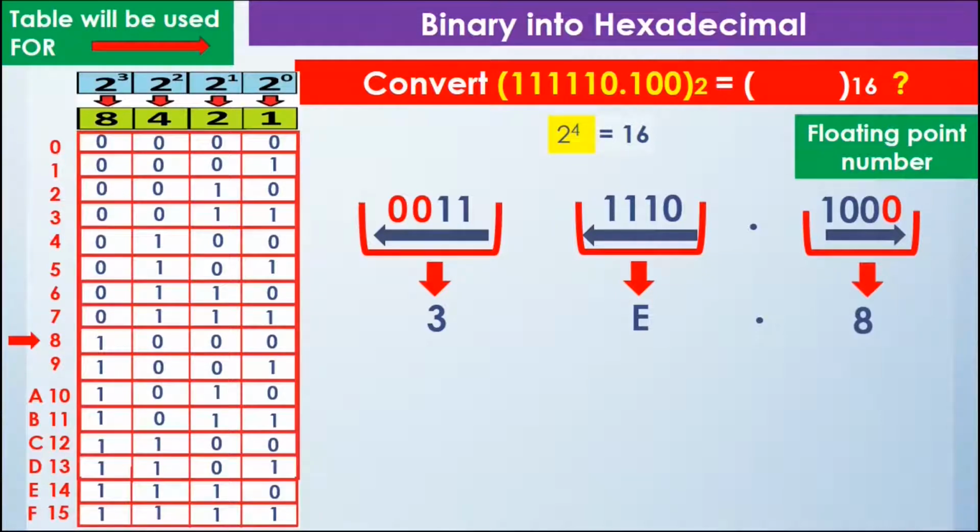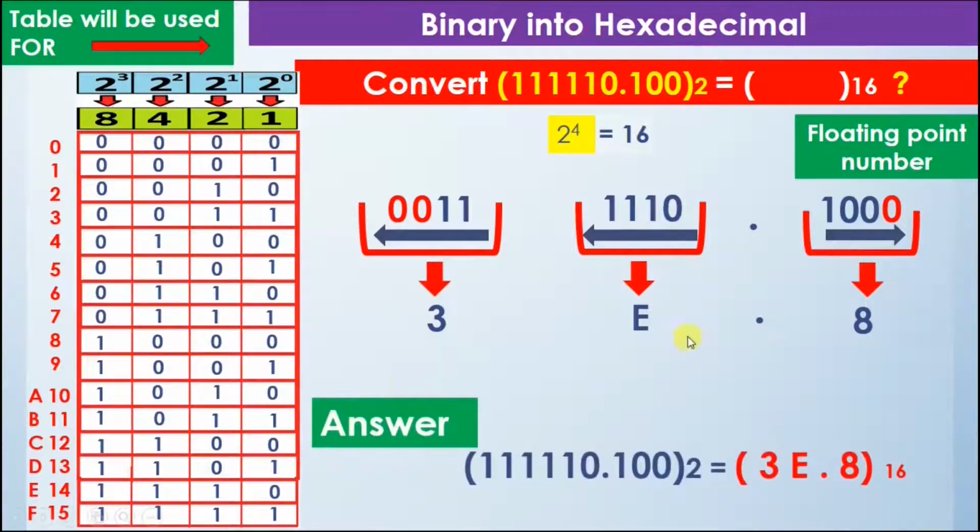So now by combining them all together, we will find its answer. So we can say that the answer is 3E.8 in hexadecimal, or you can say that the number 111110.100 in binary is equal to 3E.8.